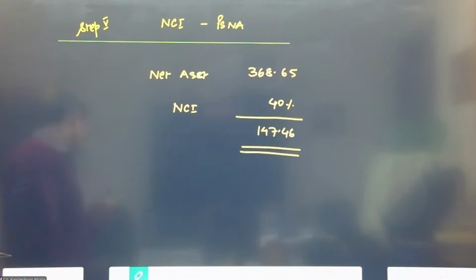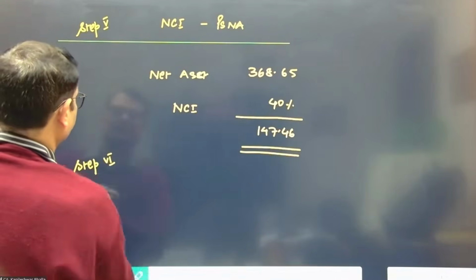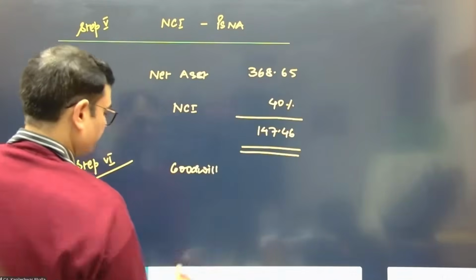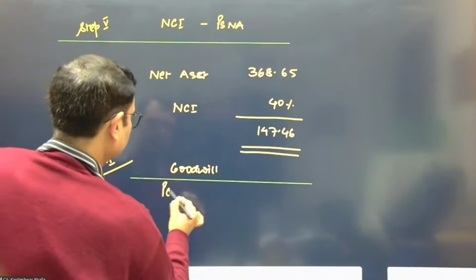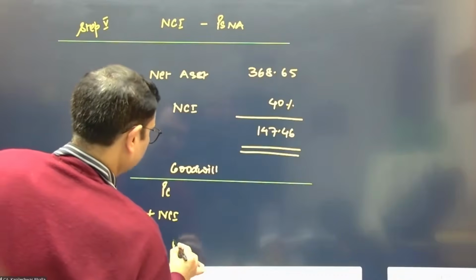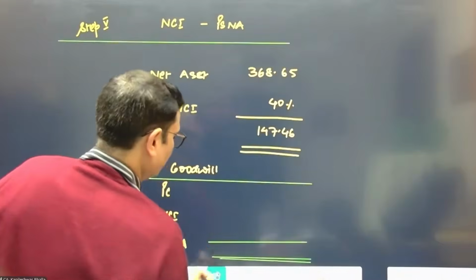So this is step number 5, that is NCI. Now we go to step number 6, which is goodwill. This is going to be just a plus minus. So we take the purchase consideration, add the NCI, compare this with the net assets, and we get the amount of goodwill as well.